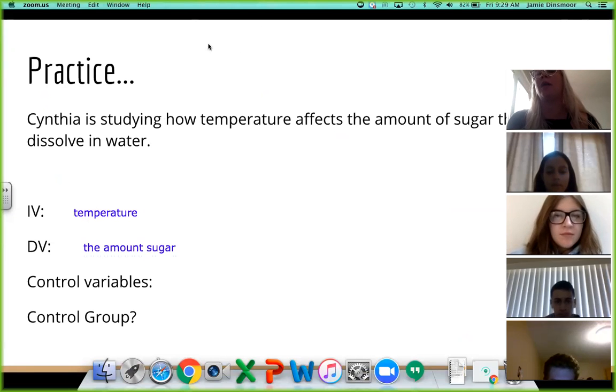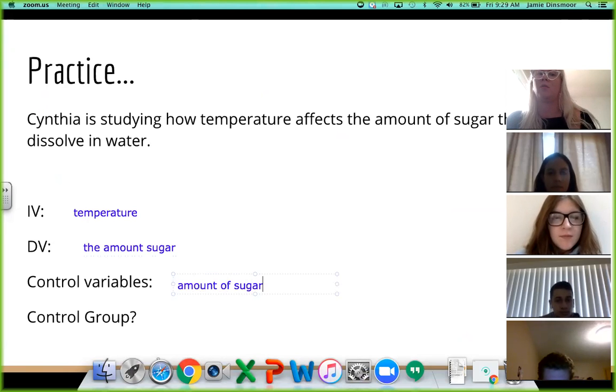And even though we don't know every detail about what she's going to do, so it might be a little hard to describe these, what kinds of stuff should we keep the same? The amount of sugar? Good. Right? We can't say, okay, well, in hot water, I'm going to put 30 grams of sugar, but in cold water, I'm only going to put 1 gram, right? Because then that's not going to tell us anything. And the amount of water? Good.